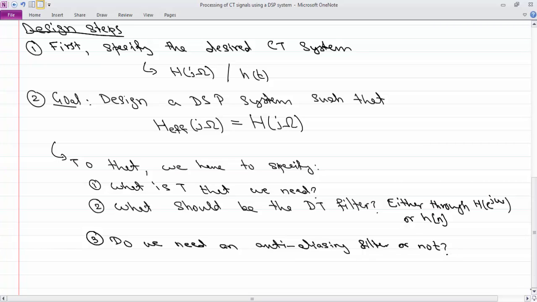So an example of that is, say my input signal g(t) is voice being input to a voice recorder.